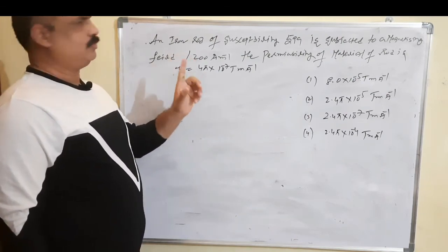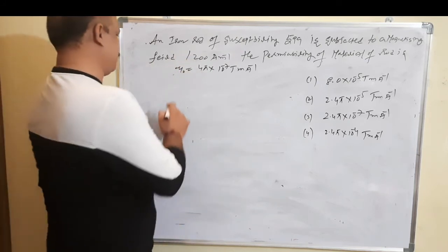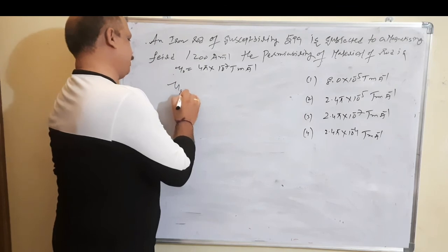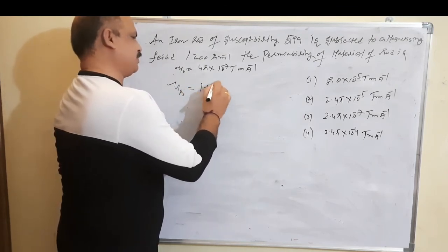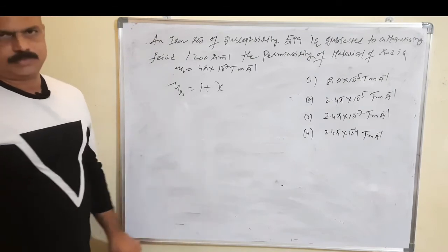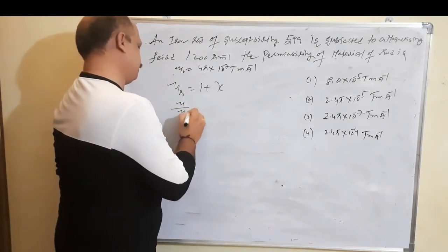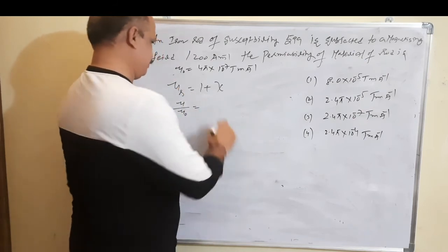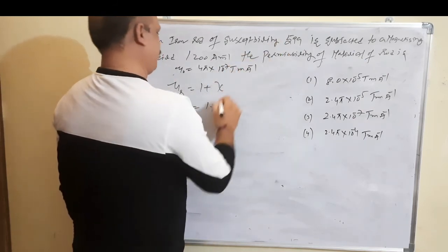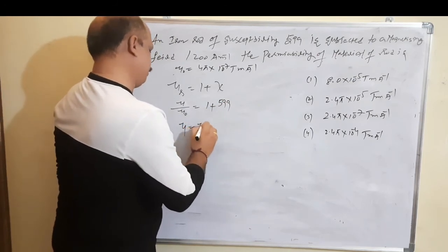To confuse you, they gave 1200 ampere per meter. Here the formula is relative permeability mu r is equal to 1 plus chi. Chi is nothing but susceptibility. So mu r means mu by mu naught. Relative permeability, 1 plus chi, means how much? 600. So here mu is equal to mu naught into 599 plus 1.